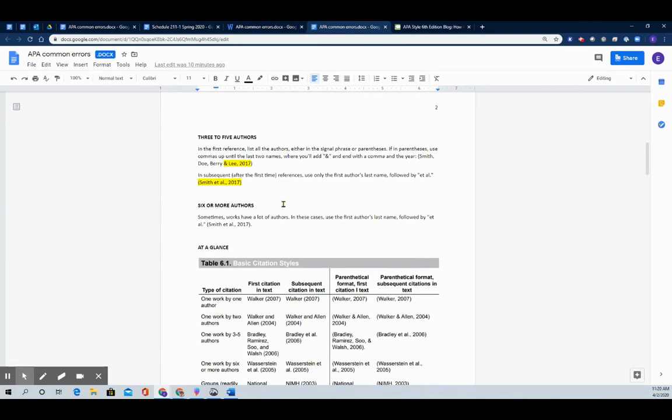As you scroll down here, you can take a look at how these types of usages happen with 3 to 5 authors when you refer to them in parentheses versus 6 or more down here. The first time you use a reference, you will write it out, and after that you use the et al like this.